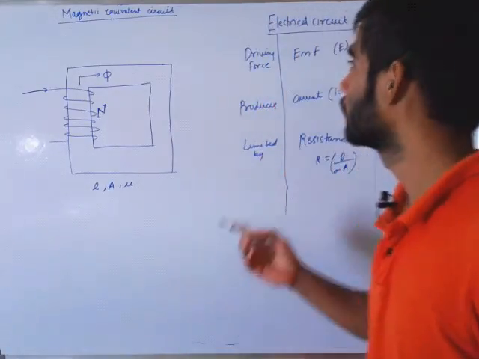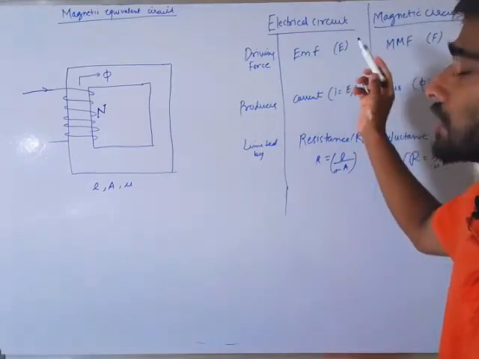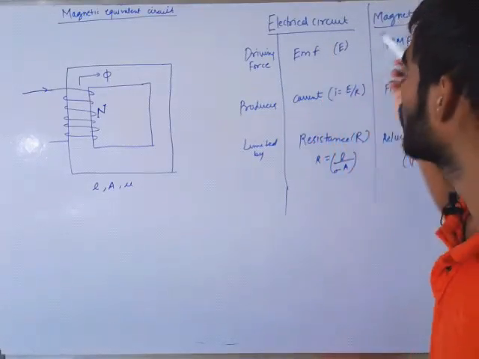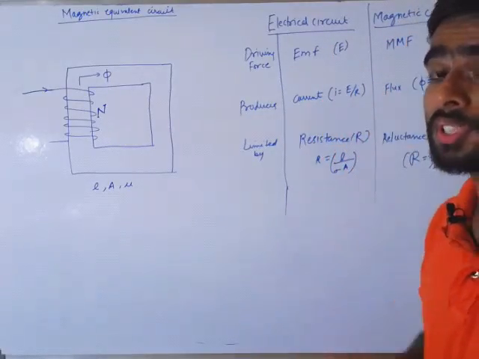Let us see. In electrical circuits, the driving force is EMF, voltage. In magnetic circuits, the driving force is MMF.